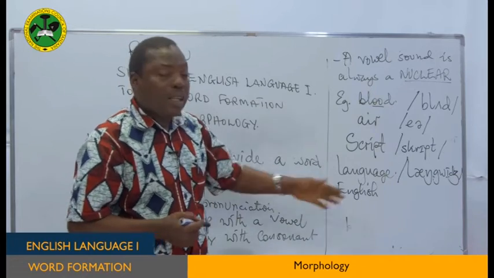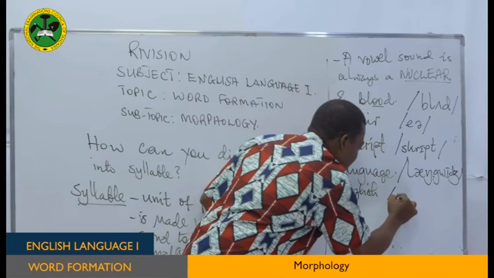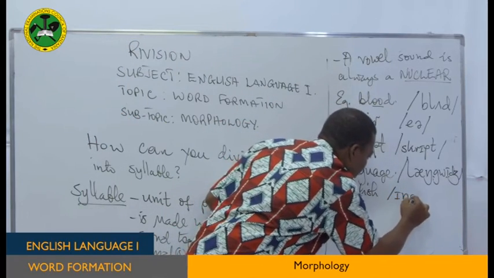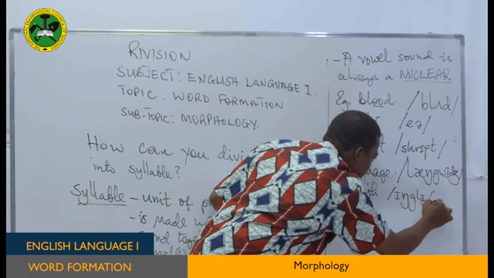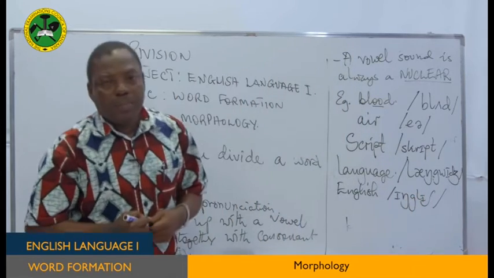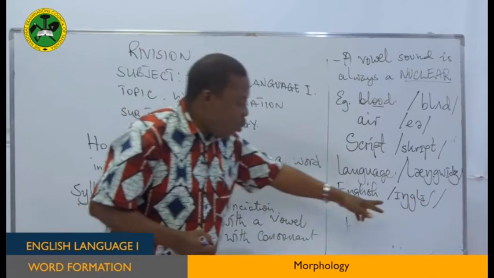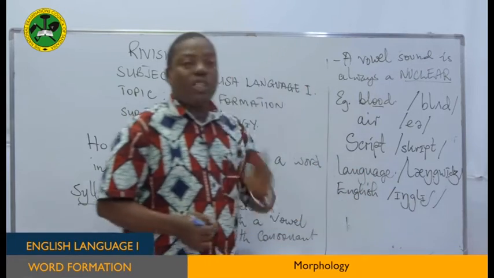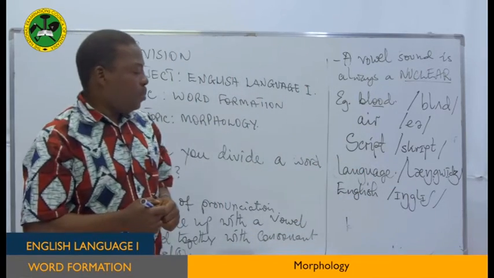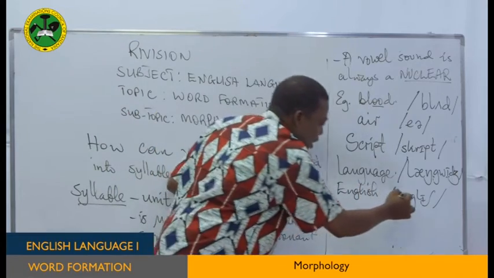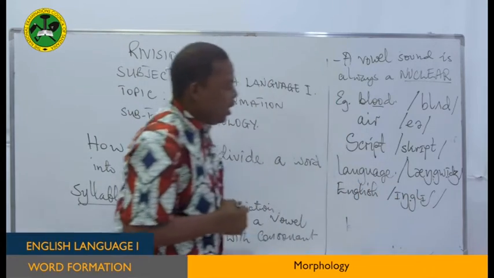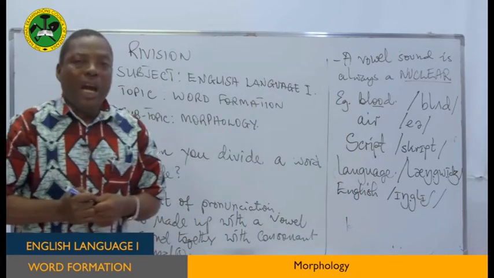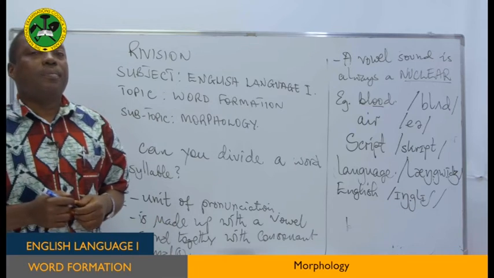How do you pronounce this? Again, this is English. How many vowels? One, two. So the word again has two syllables. The first syllable starts from the beginning and ends somewhere there. English.